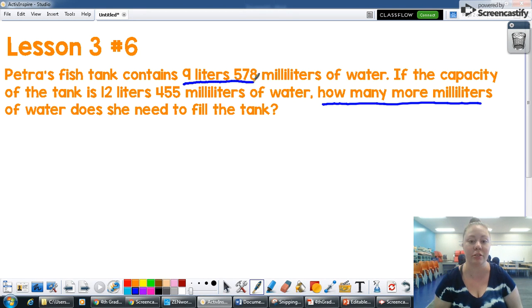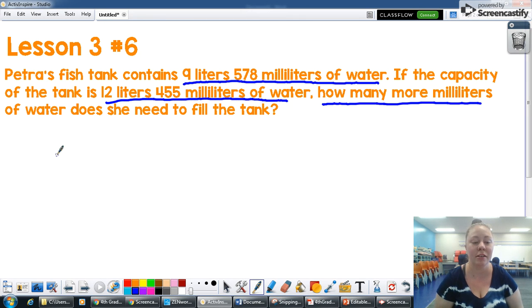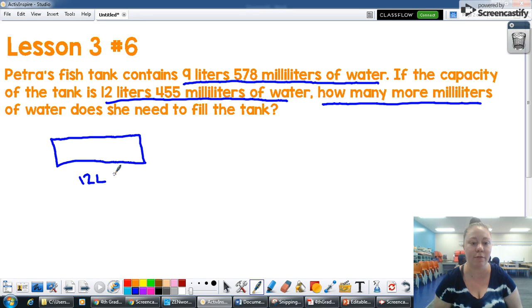I also need to know that there's 9 liters and 578 milliliters of water and the total capacity of the tank. So I'm going to draw a quick tank diagram. So we know the whole capacity of the tank is 12 liters and 455 milliliters.